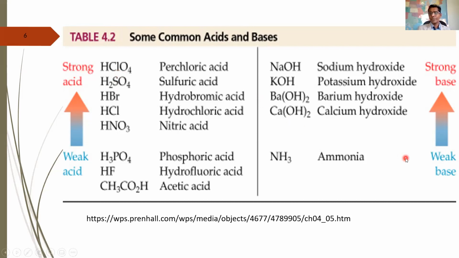And moving on to the bases, from weak base to strong base. Ammonia is a weak base. Calcium hydroxide is considered not that strong. Barium hydroxide, potassium hydroxide, and sodium hydroxide. These last are strong bases.